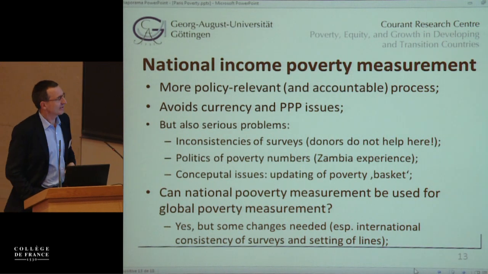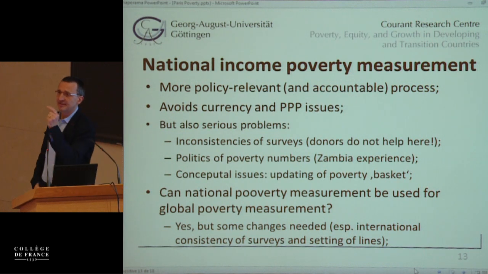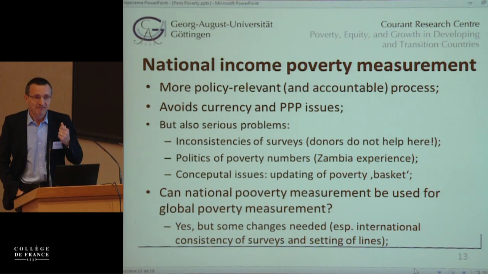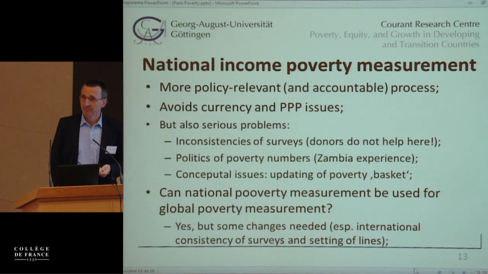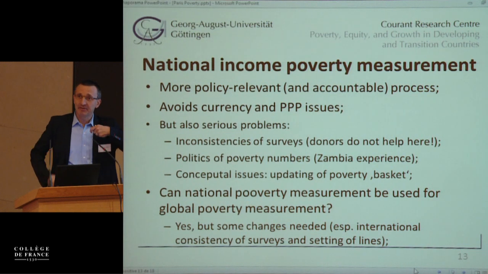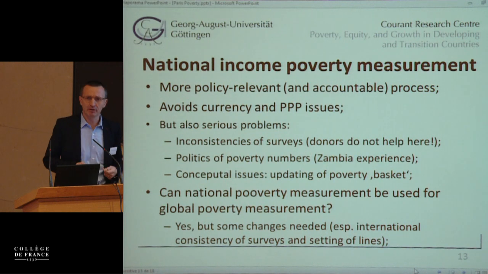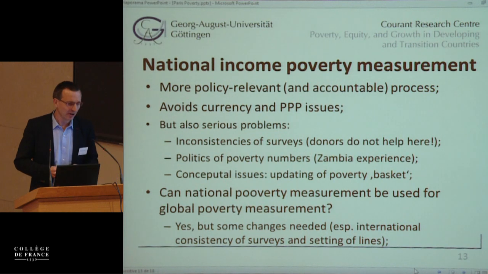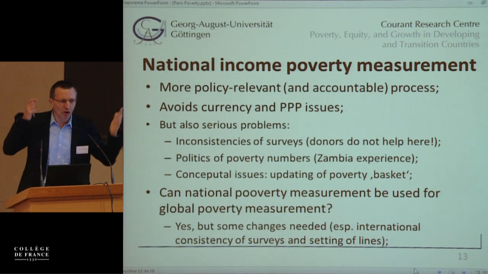The first one is inconsistency of surveys, that basically actually getting consistent poverty trends is very, very hard. And donors have not been helpful because they have always funded one-shot surveys that basically had generated incomparable sampling frames, incomparable questionnaires, incomparable modules or recall periods.